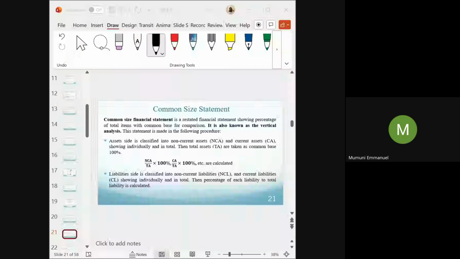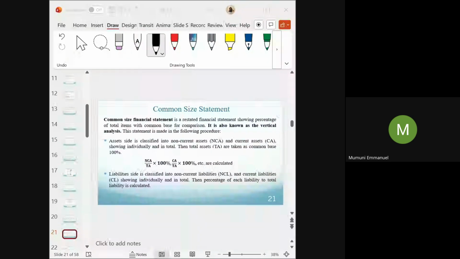What is common size financial statement or common size analysis? So in the common size analysis, we find one particular common factor. Let's assume sales in the statement. Then we refer almost all the factors to sales.